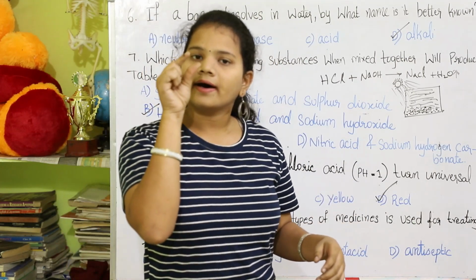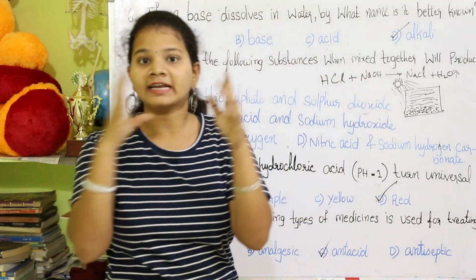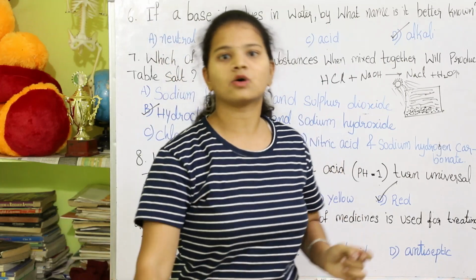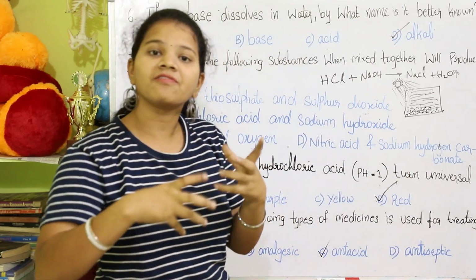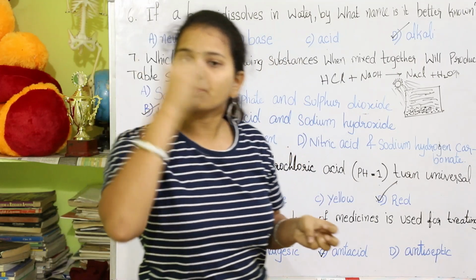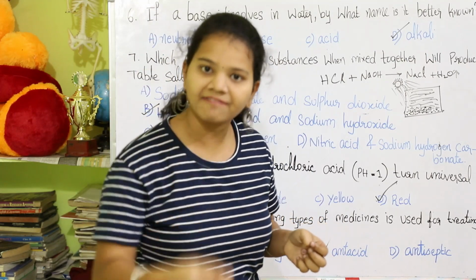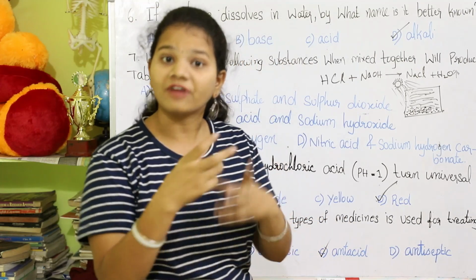After the digestion process, the food enters the small intestine, and our stomach remains acidic. If we take excess food or heavy food, the stomach will produce more acid for the digestion process.